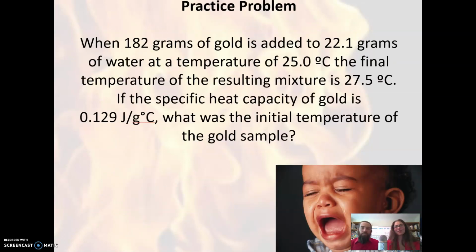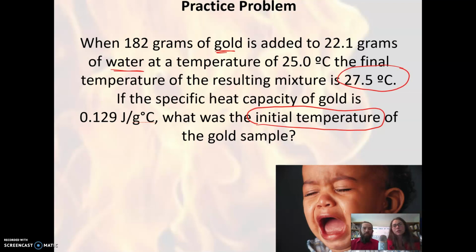Here's a practice problem for you. And it might make you cry because you're solving for one of the temperatures, but it doesn't have to make you cry, because you can solve, and we recommend this, solve for delta T first. So you have gold, and you're putting it into water. So you have masses, you have temperatures, you have your resulting mixture, so that's your T final for both.